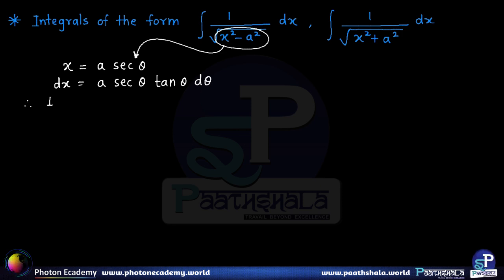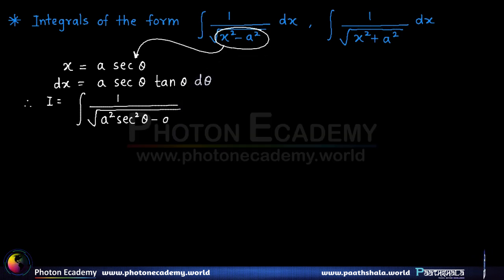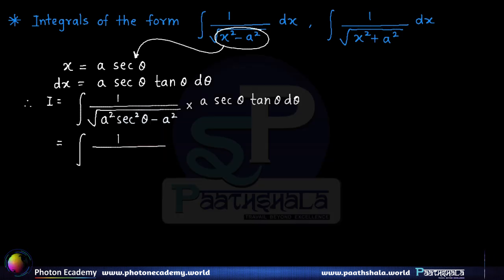So therefore the integral becomes 1 upon root of x square is a square sec square theta minus a square into dx is a sec theta tan theta d theta, right? So that gives us 1 upon. Now inside the root, taking a square common, we have sec square theta minus 1, which is tan square theta.